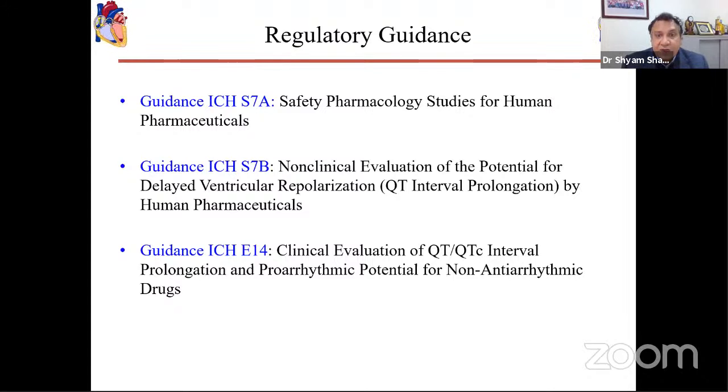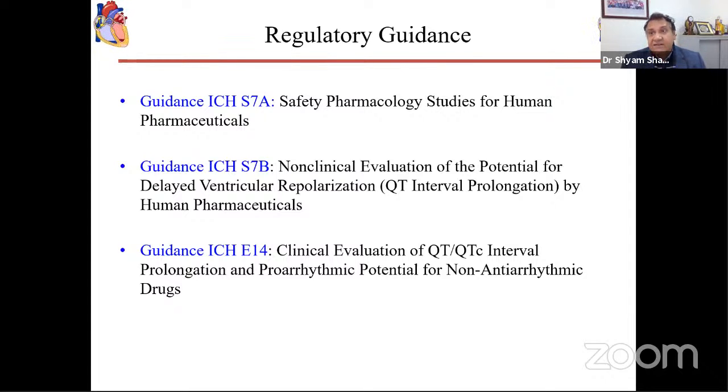They brought out a separate guideline, S7B, on the non-clinical evaluation of the potential for delayed ventricular repolarization by human pharmaceuticals. And even for clinical studies, there are the ICH E14 guidelines.